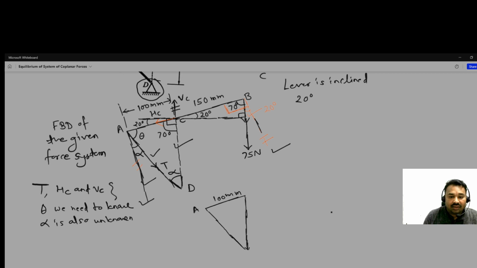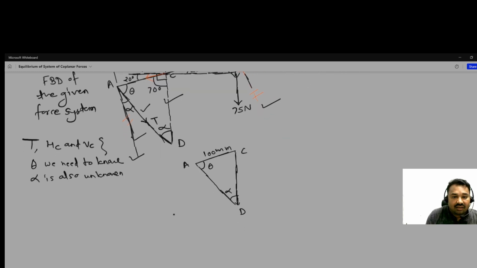This is A, D, C. This angle we don't know, and the length of AD dimension also we don't know, but that can be known by, if you see in the triangle ACD, and this is 70 degree.